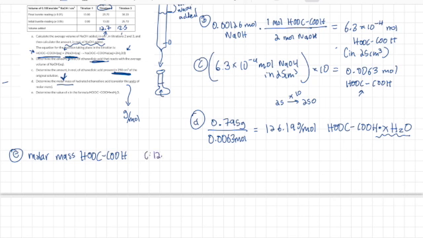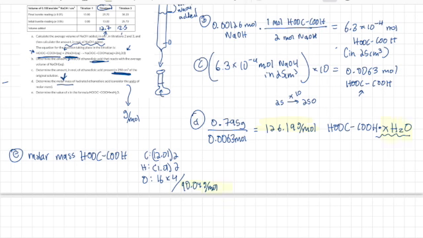So I have 2 carbons, 1.01 times 2 for 2 hydrogens, oxygen is 16 times 4. 24.02 plus 2.02 plus 64 is 90.04 grams per mole.